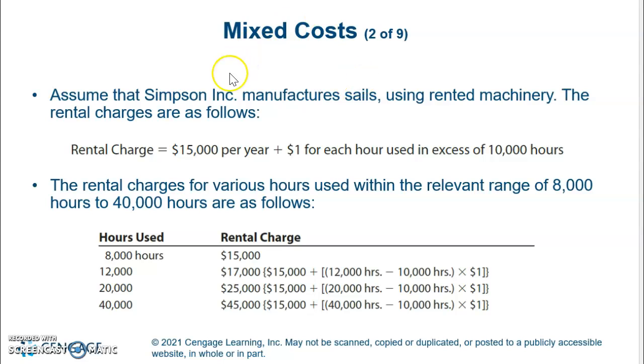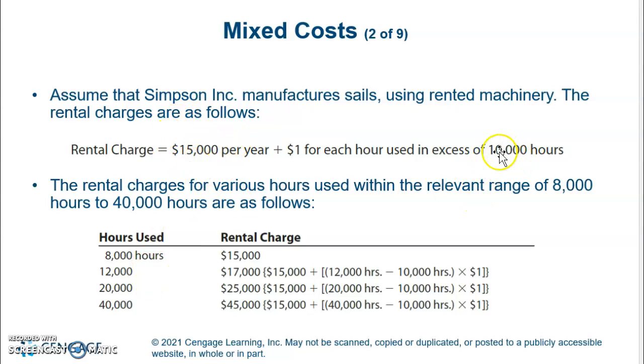All right, so here, Simpson Company manufactures sails using rented machinery. The rental charge is going to be $15,000 per year, so that is your fixed cost. And then you're going to have $1 for each hour used in excess of 10,000. So there is your variable component. As you can see, if you use 8,000 hours, you only have to pay that fixed cost.